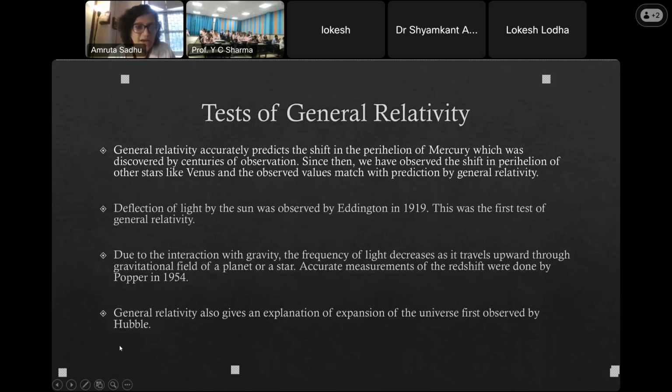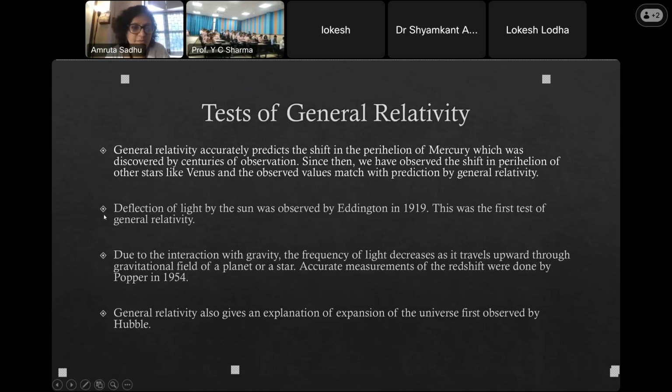Now, as we said, general relativity gives some predictions, and these predictions were tested in the 1900s.